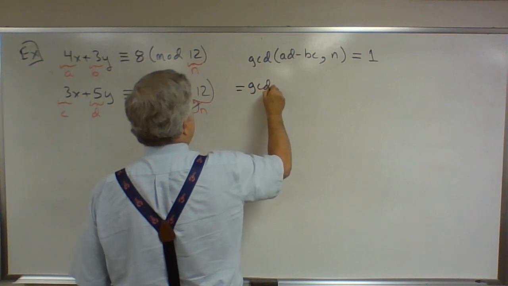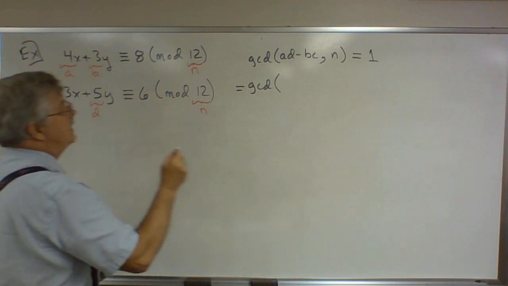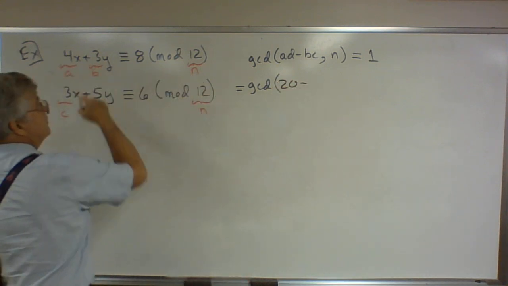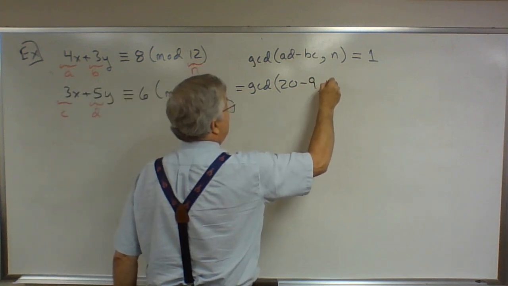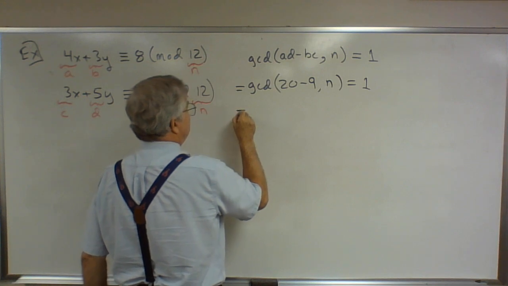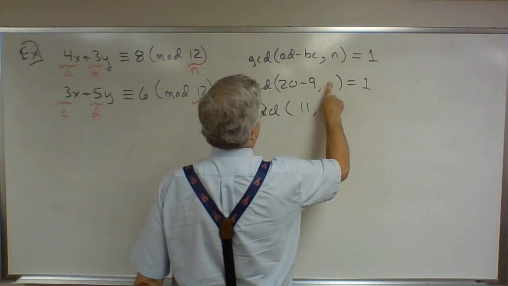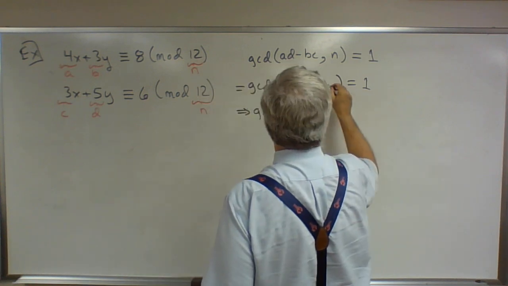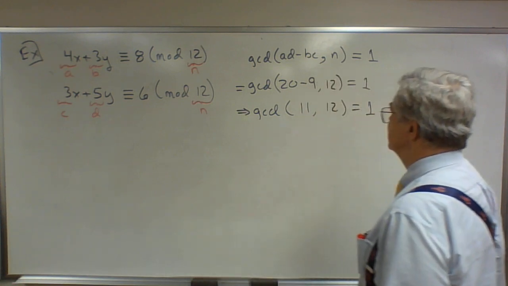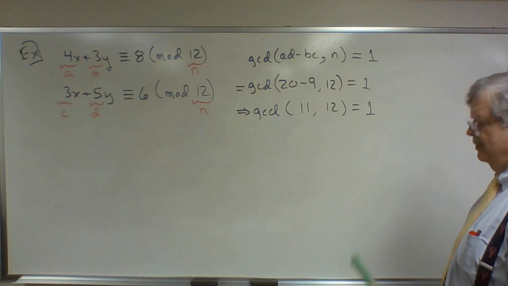That's equal to the greatest common divisor of 4 times 5, which is 20, minus 3 times 3, which is 9, and n is 12. And that's true. The greatest common divisor of 11 and 12 is equal to 1, thank God.